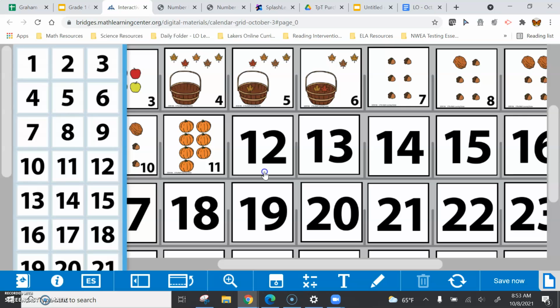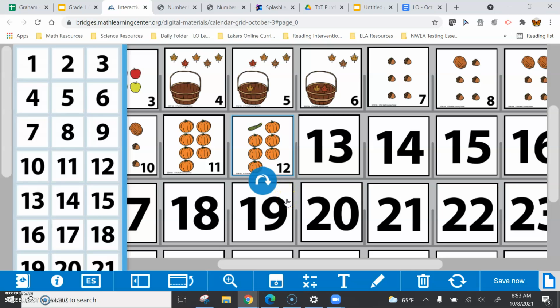Dun, dun, dun. Oh, wait a minute. We see 1, 2, 3, 4, 5, 6 pumpkins, and we have some zucchini. Oh my goodness! Wow!